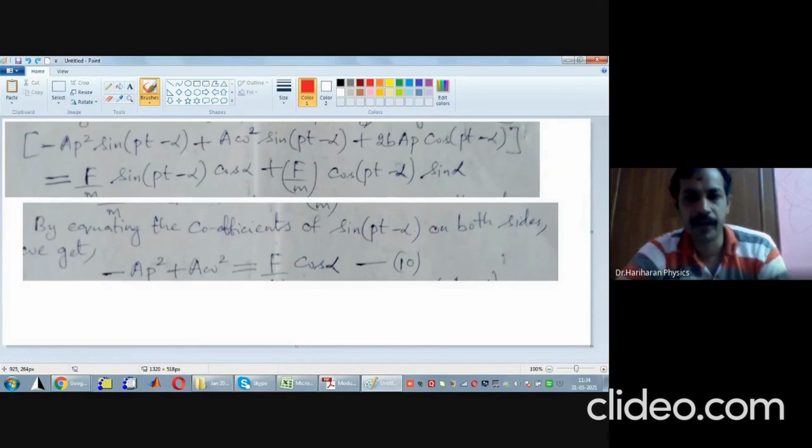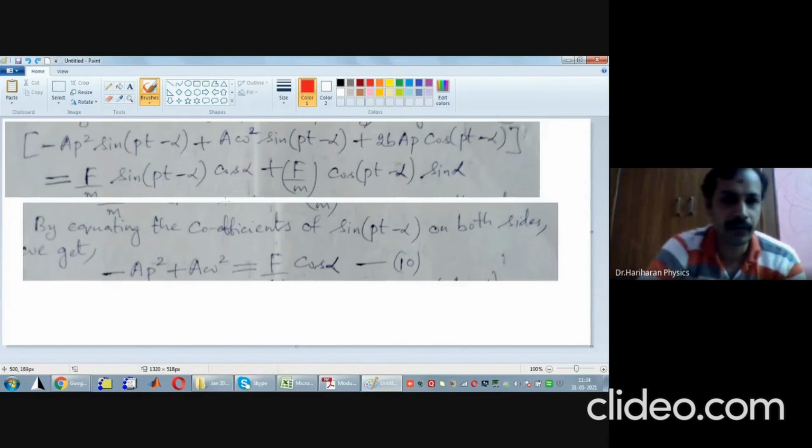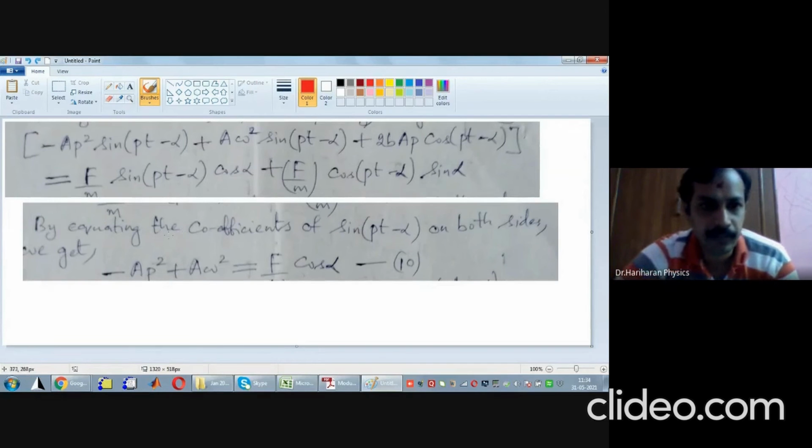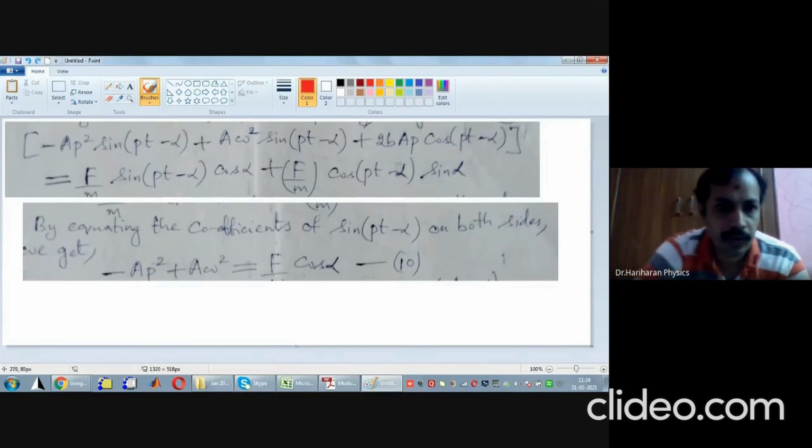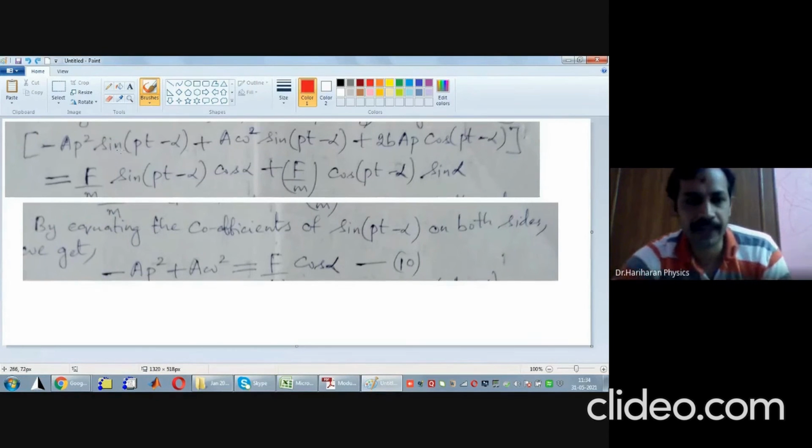Look here, where are the terms you have sine of pt minus alpha? Sine of pt minus alpha is here, then we have sine of pt minus alpha here. This is cos of pt minus alpha, therefore that will not come into the picture. On the right hand side, where do you have sine of pt minus alpha? It is here.